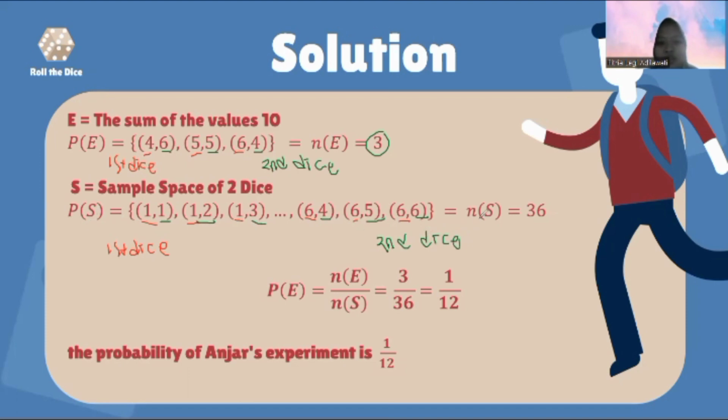So n(S) equals 36. So P(E) is equal to n(E) over n(S) equals 3 over 36 equals 1 over 12. So the probability of Anjar's experiment is 1 over 12.